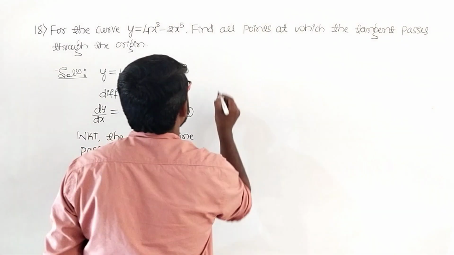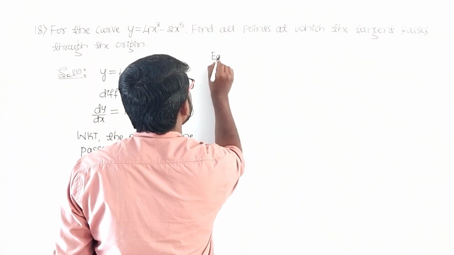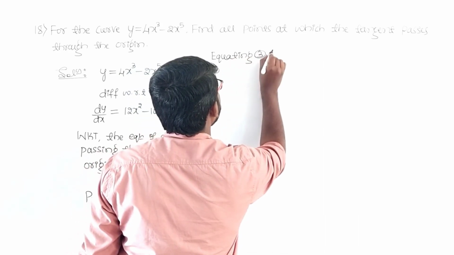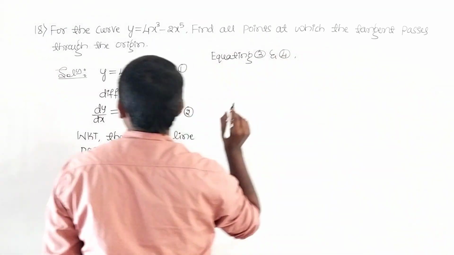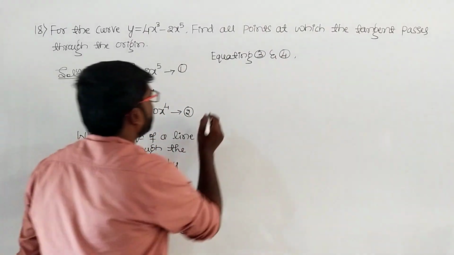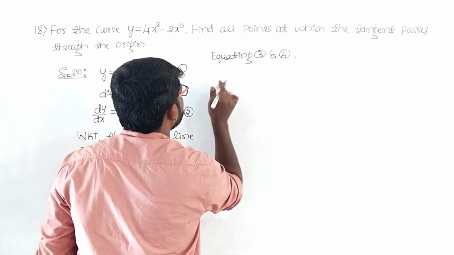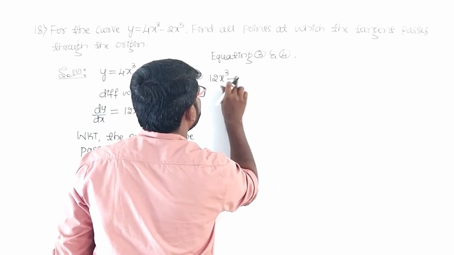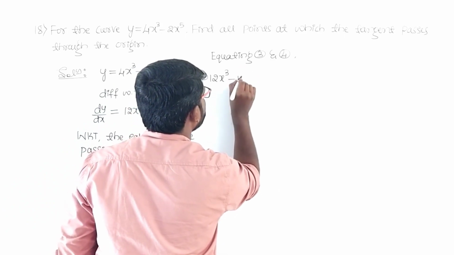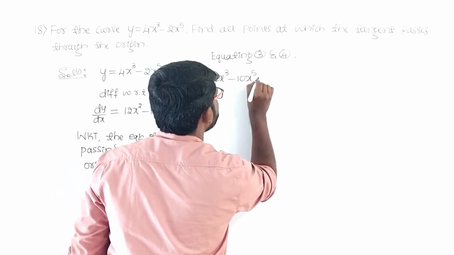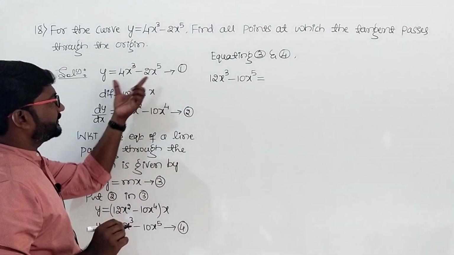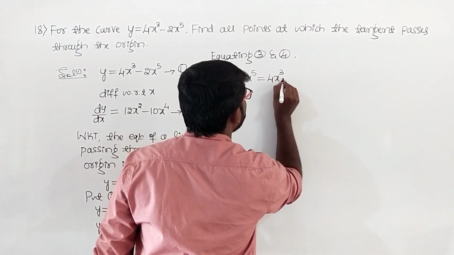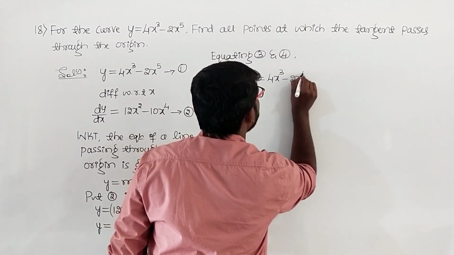So equating 3 and 4, in place of y I will write 12x cube minus 10x to the power 5, which equals the curve equation, 4x cube minus 2x to the power 5.